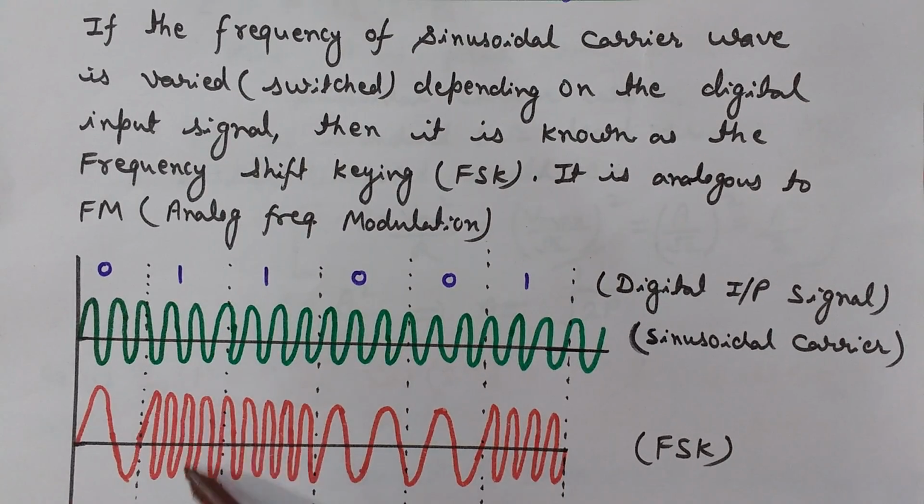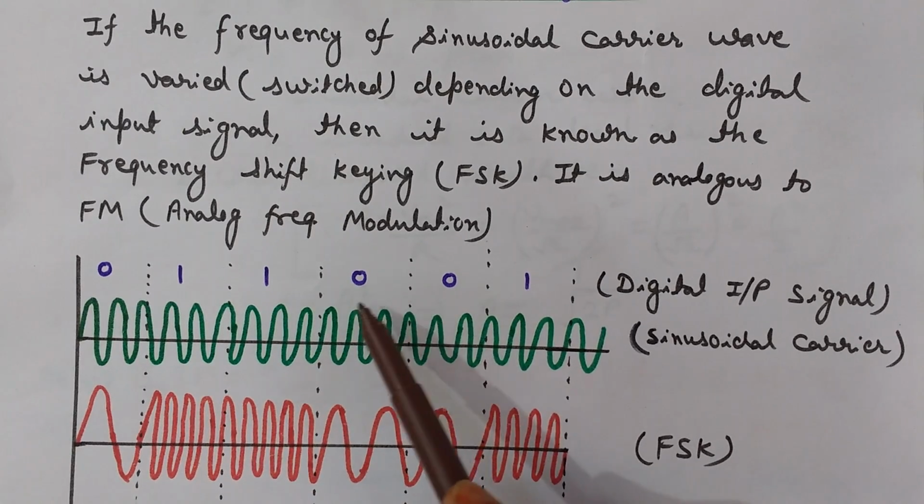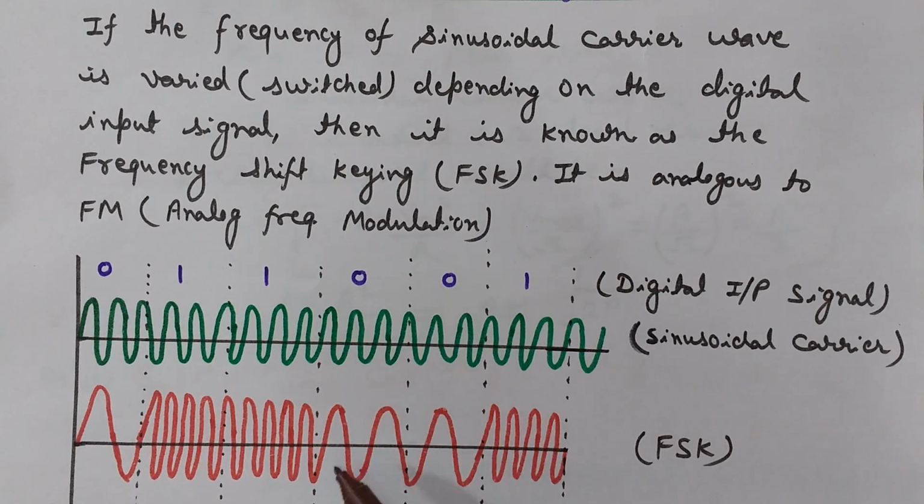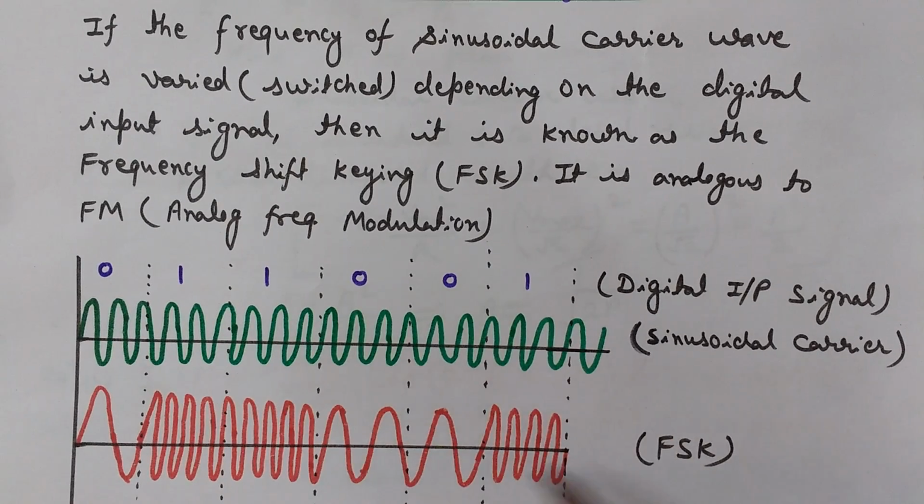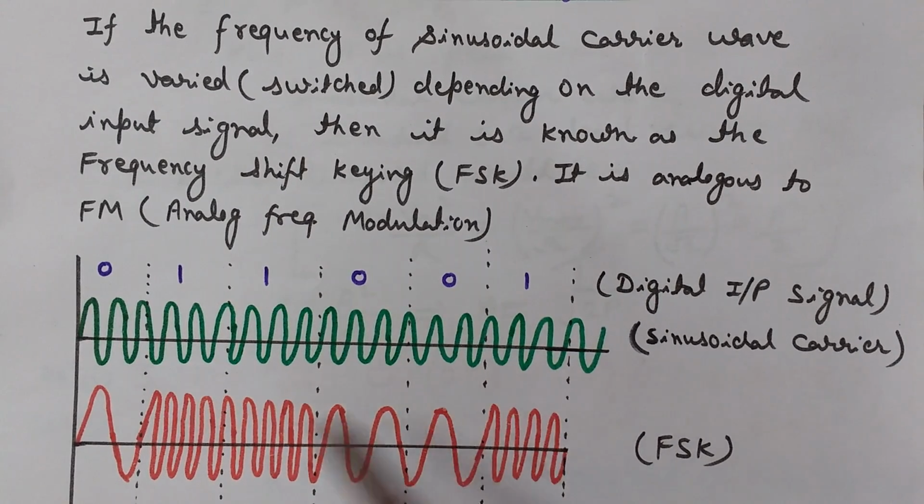So here the frequency is high. More cycles are passing per second. But again, when it switches to 0, then we have low frequency from here to here, where we have 0, and again for 1 we have a high frequency component. So the carrier frequency has been modulated according to the digital inputs. So it is FSK, frequency shift keying.